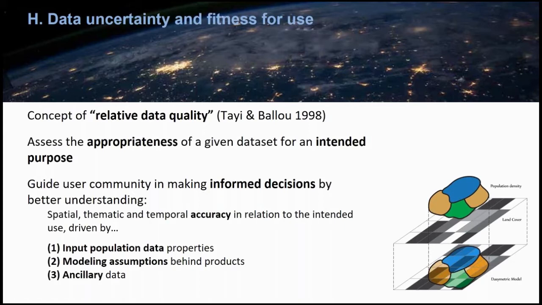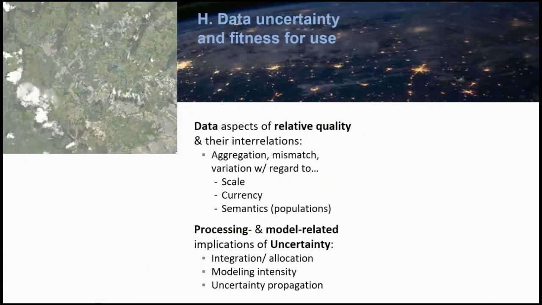And third, we have ancillary data that we're using, and the user needs to be aware of what these kinds of data really are and what they have to be concerned about and should be taking into their interpretation of their results. So, data aspects and relative quality, to begin with.